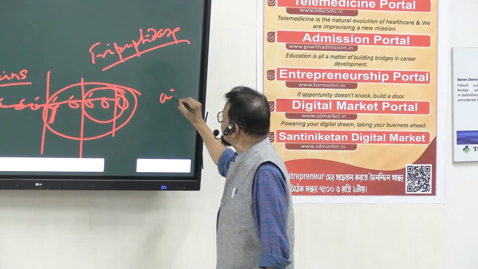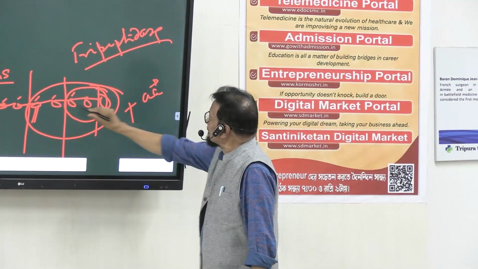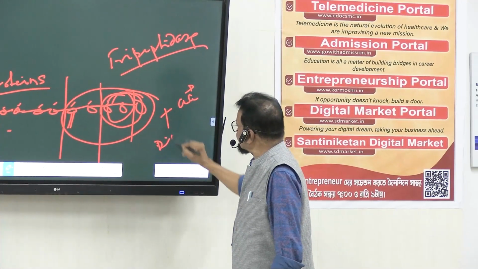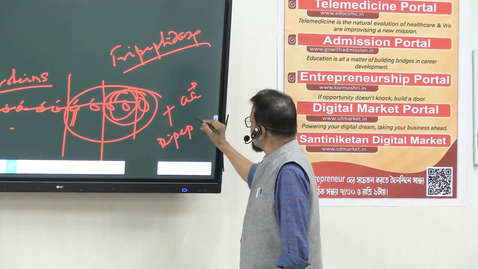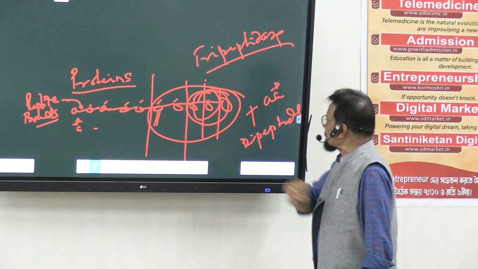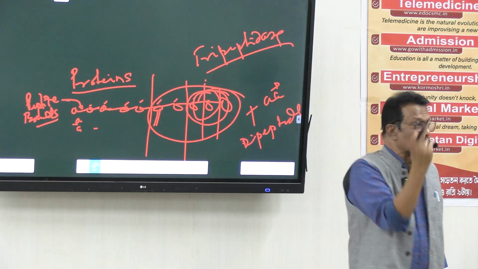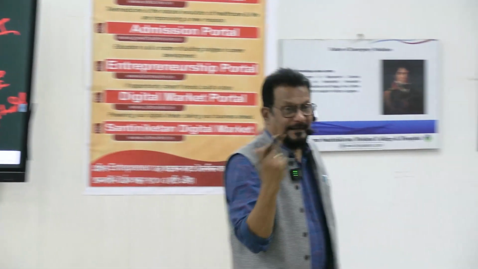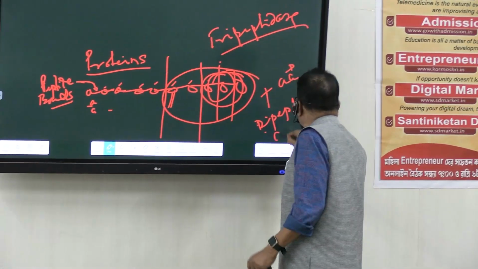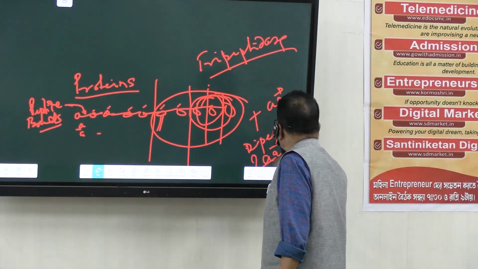One amino acid plus a dipeptide. Again, when this bond is broken, there is another type of enzyme, dipeptidase. They will break, hydrolyze these bonds. As a result, two amino acids will be formed.